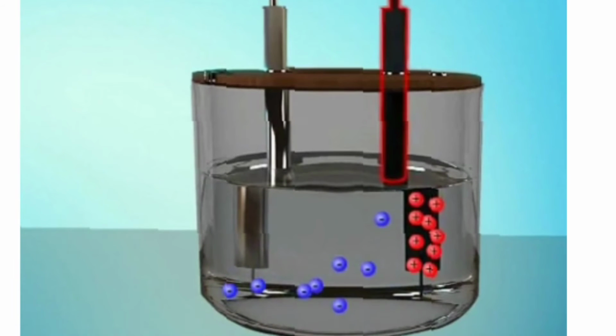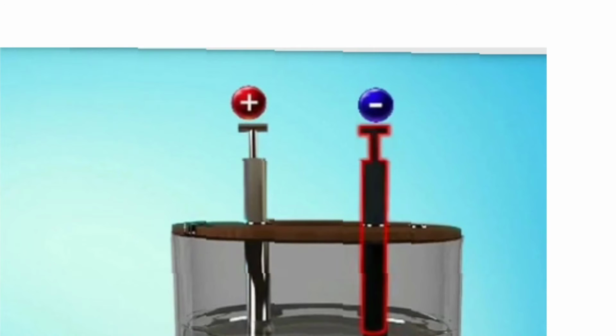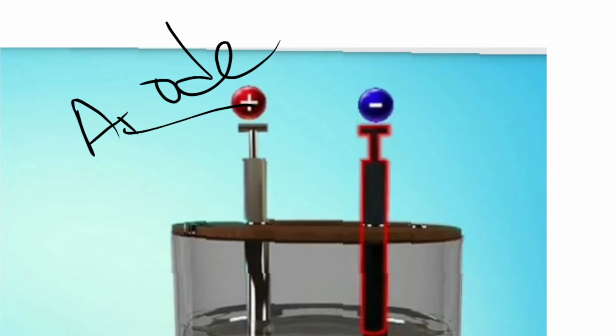So here you can see that all these ions are moving towards the oppositely charged electrode. What is cathode? Cathode is the negatively charged electrode, and the positively charged electrode is called anode. So this is anode, this is cathode.